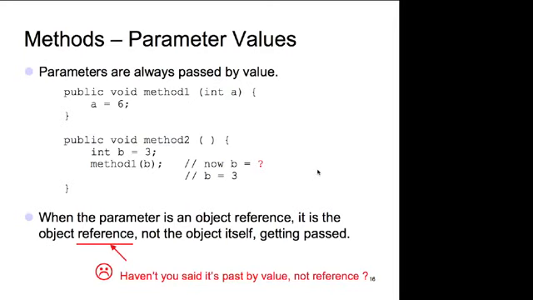I'm going to talk a little bit more about this in the future. Parameters are always passed by value. If you have no idea what pass by value or pass by reference is referring to, you're lucky. You don't even have to know this at this point. Don't tune me out and do something else, because you don't have to grasp this concept. If you're a C or C++ programmer, this causes confusion, because you're trained to know by value and by reference.